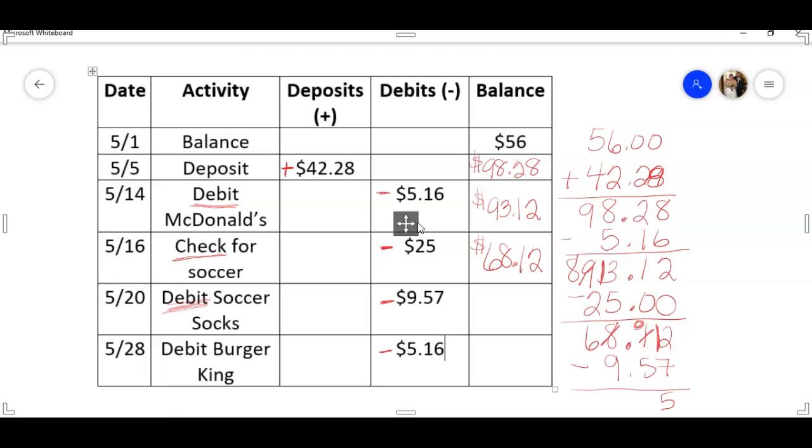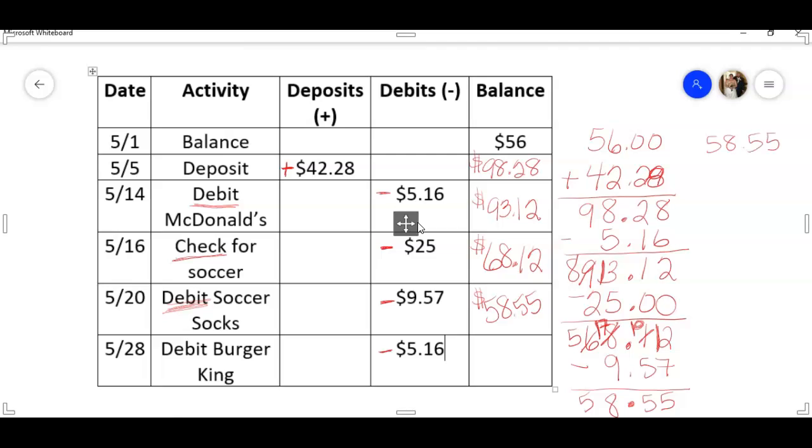So I'm going to borrow $1 and trade it for 10 dimes. 10 minus 5 is 5. I have $7, but I need to take away 9, so I can't do that. I'm going to trade one $10 bill for 10 $1 bills. 17 minus 9 is 8, and then a 5. So now he has $58.55.